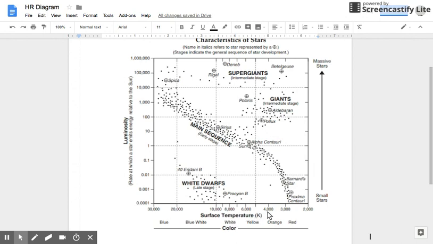But I want you to notice that temperature is increasing actually from right to left. So over here we have the coolest stars, and over here on the left we have the hottest stars. And I just want you to note, what color are the hottest stars? And what color are the coolest stars? Is that what you would expect? Let's think about that.